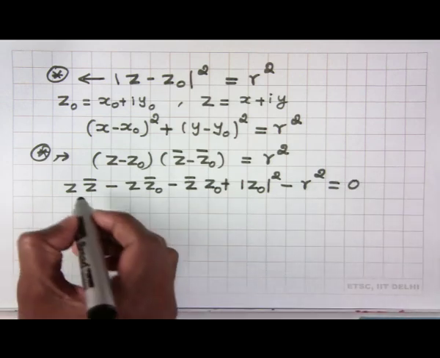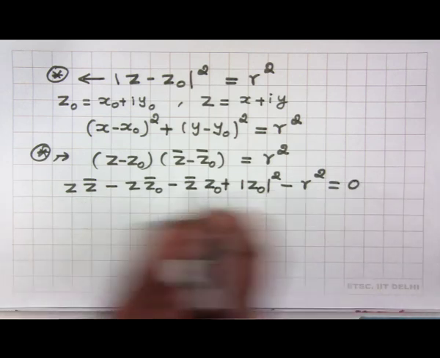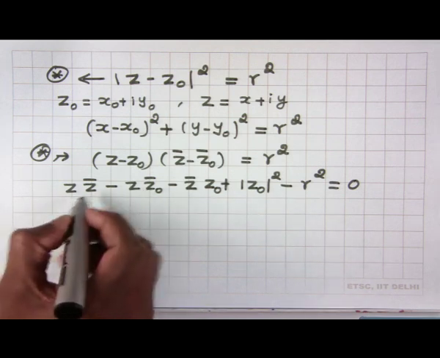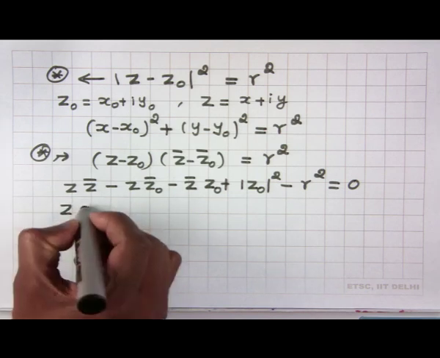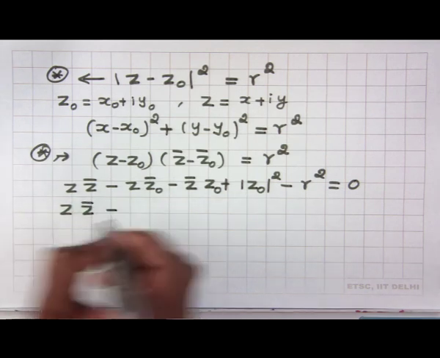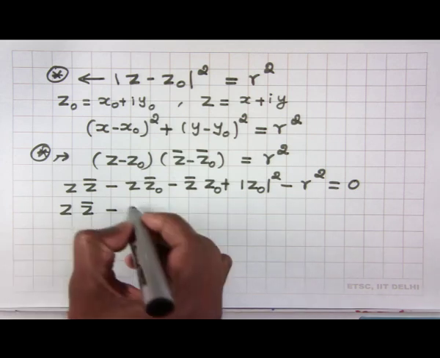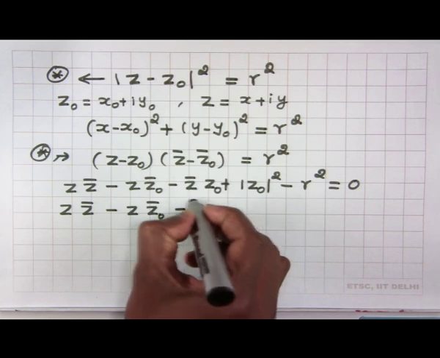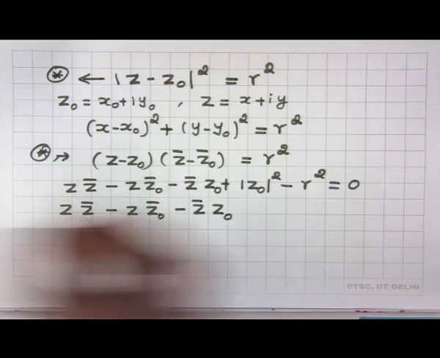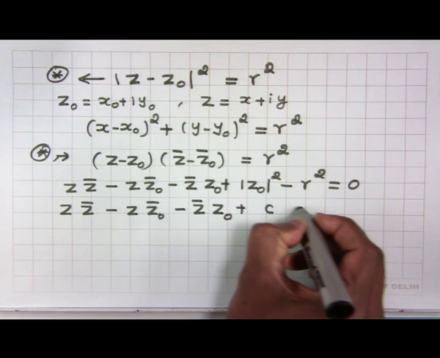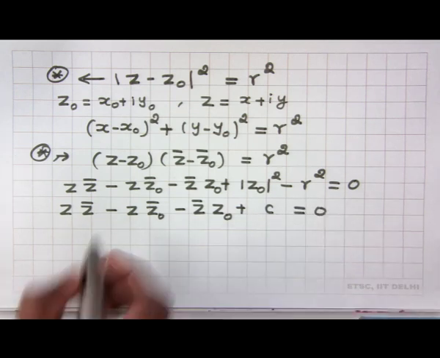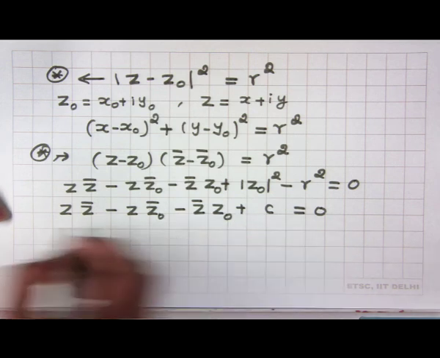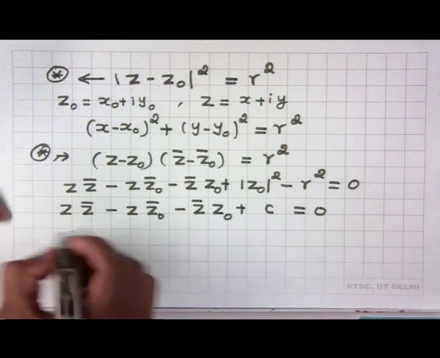Now, this looks a little more general, in the sense that we could see that an equation of the form z z bar minus z z naught bar minus z bar z naught plus some c equal to 0 denotes a circle provided the following condition holds.